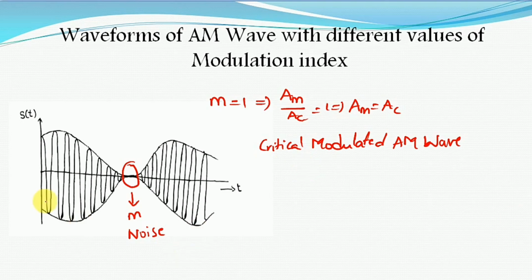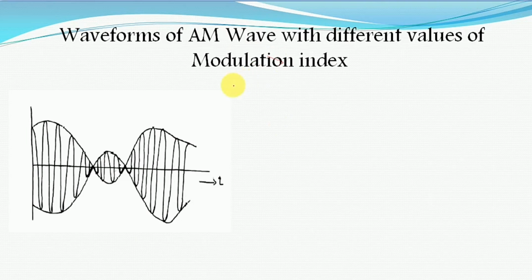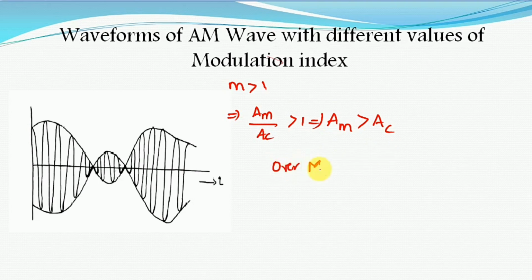Now let us see what happens when the modulation index is greater than 1. When the modulation index is greater than 1, it implies the Am by Ac value is greater than 1, that is, the amplitude of the message signal is greater than the amplitude of the carrier signal. This case we call an over modulation AM wave.